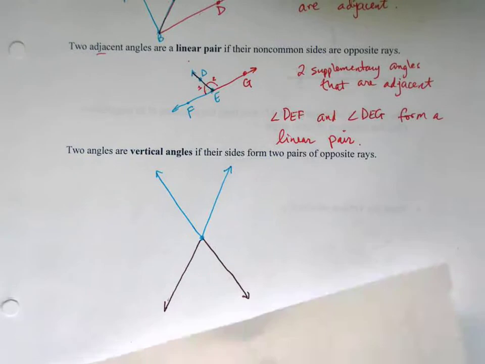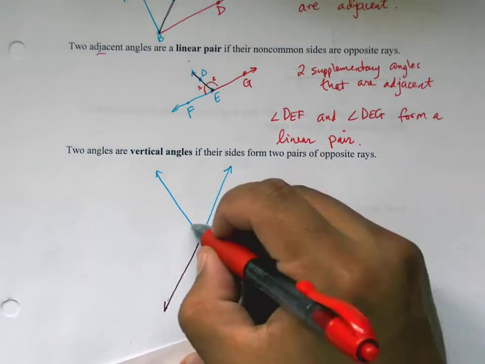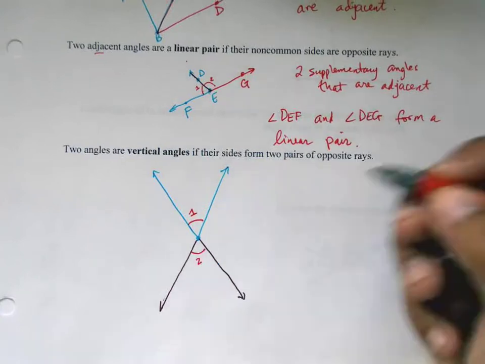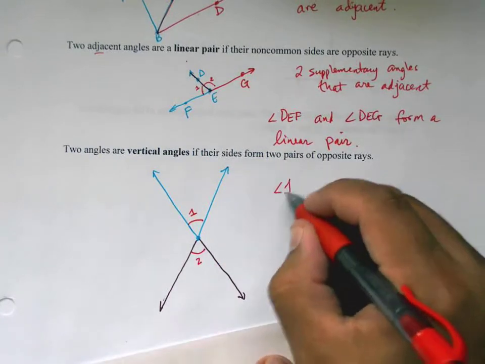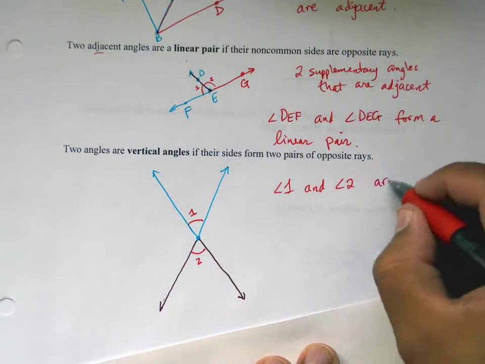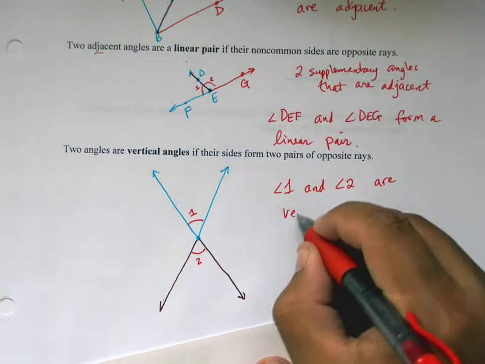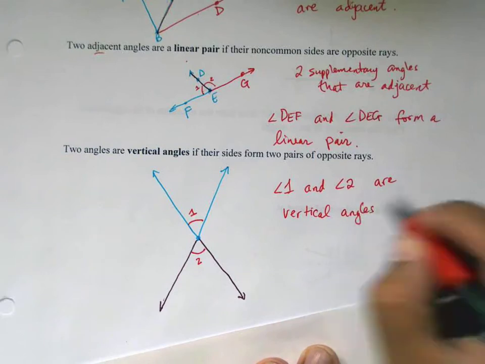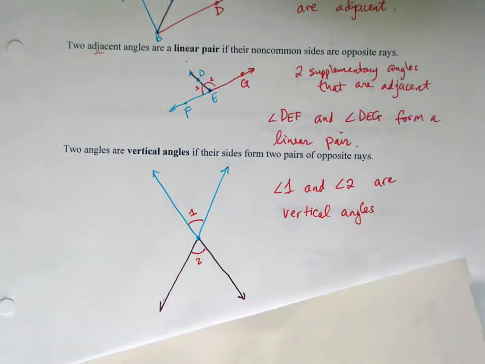So I will name this a little bit differently. I'll call this angle 1, and I'll call this angle 2. So we can say angle 1 and angle 2 are vertical angles. Now, there's another set of vertical angles here.